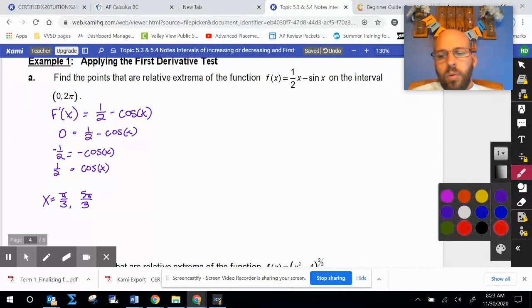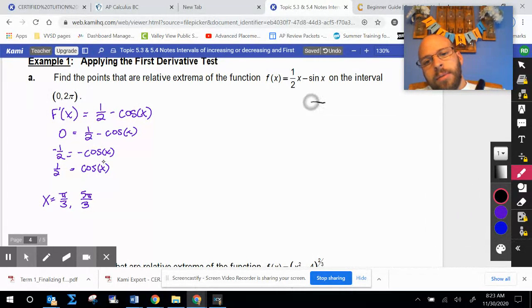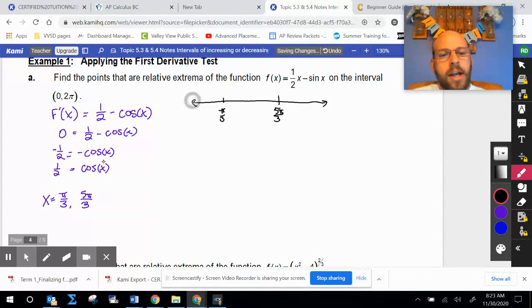Now, what I'm going to do is make that number line. All right, and I want to test around it. Now, we're going from 0 to 2 pi, so I don't want to go outside of that range. So I want to use a value somewhere between 0 and 2 pi, and again, I want to plug it into the derivative.